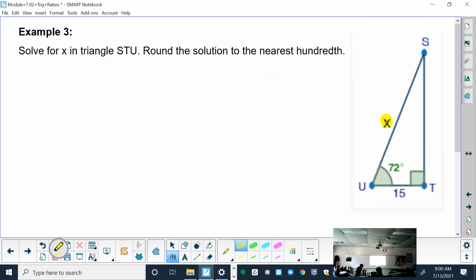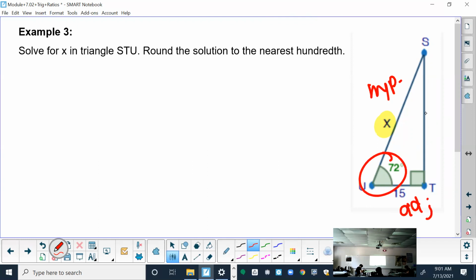we are solving for x over here. We are given this angle measure, so we're going to label this from the perspective of this angle. What side will x represent? Hypotenuse, good. The other side that is labeled is my side TU, adjacent.